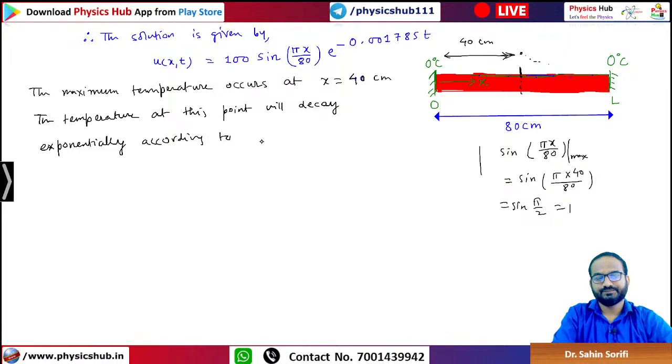According to 100 e to the power minus 0.001785 t, see this formula.